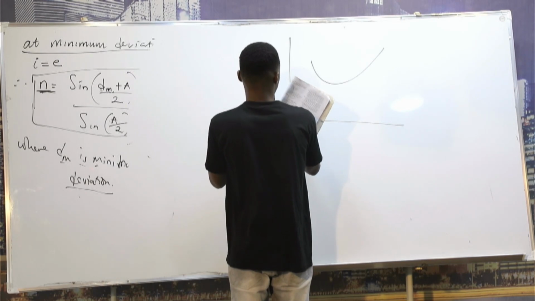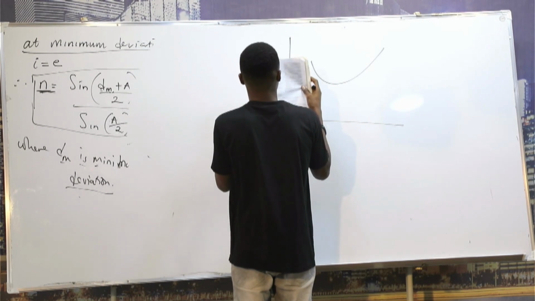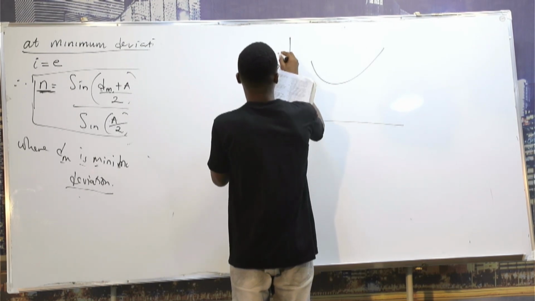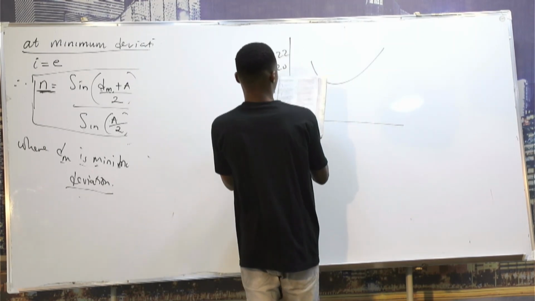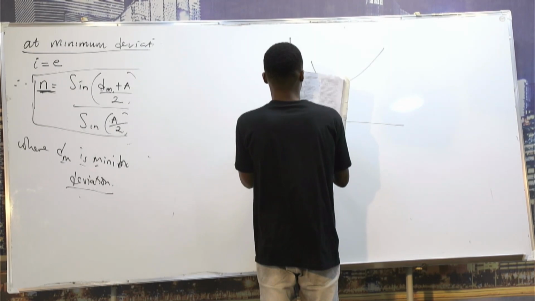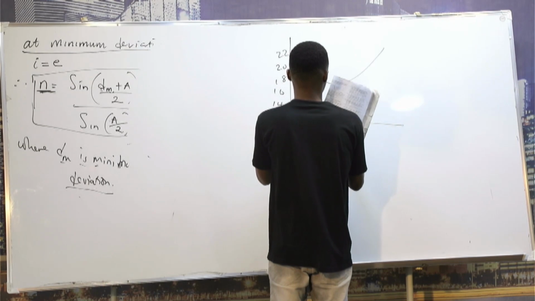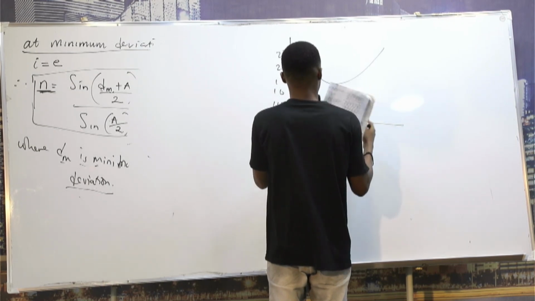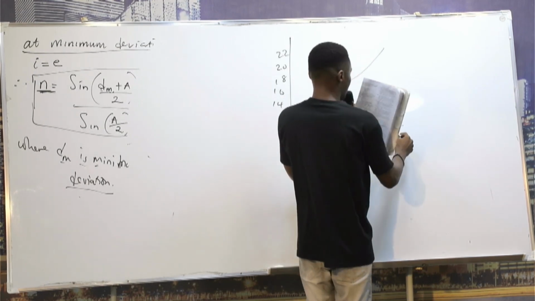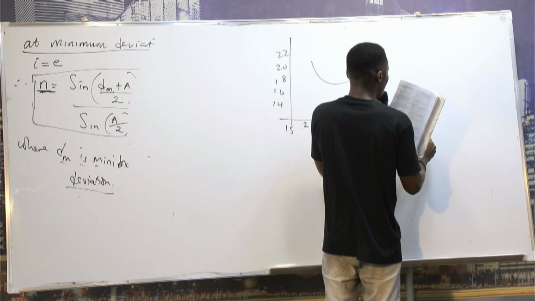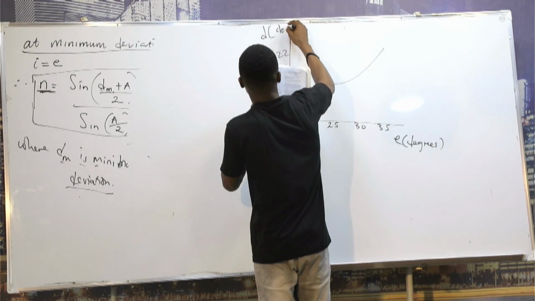I'm seeing 14, 16, 18, 20, 22, I'm seeing 15 here, 20, 25, 30, 35. And they said that here is E in degrees, and here is D in degrees.